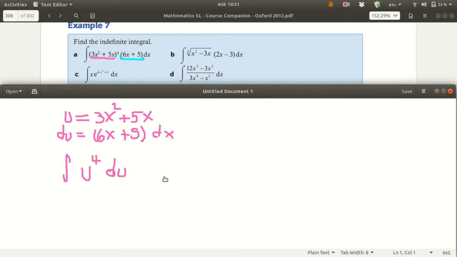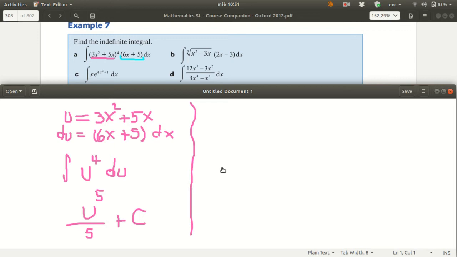Now this integral is a power rule that we learned in the previous session. So the antiderivative or indefinite integral is going to be u to the power of 5 over 5 plus an arbitrary constant c. And now we can go back and replace our variable with the actual expression.